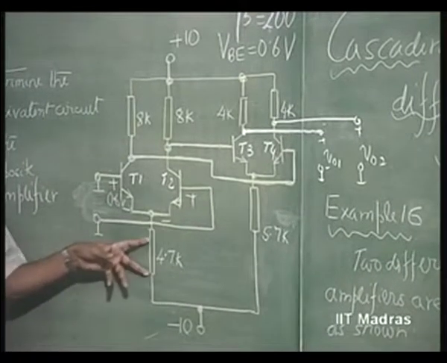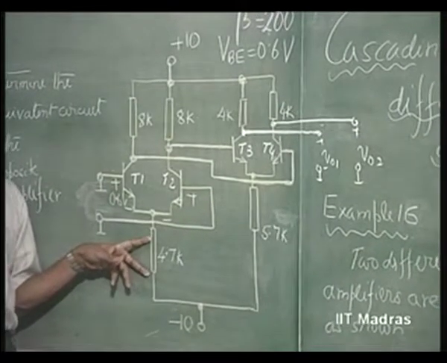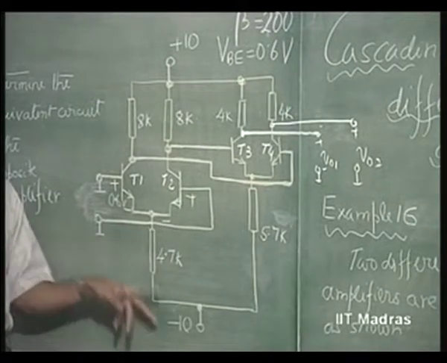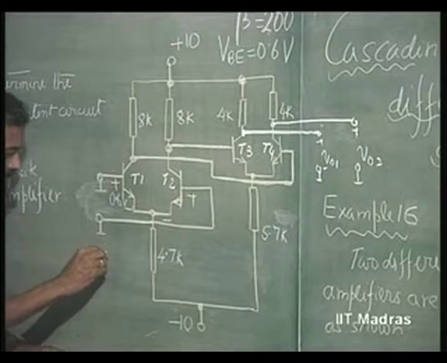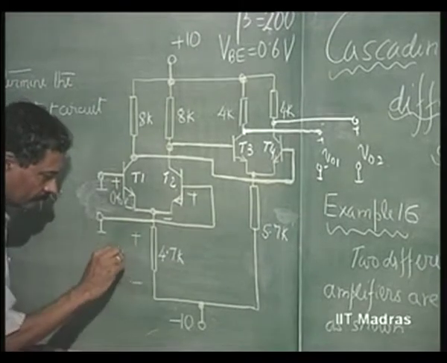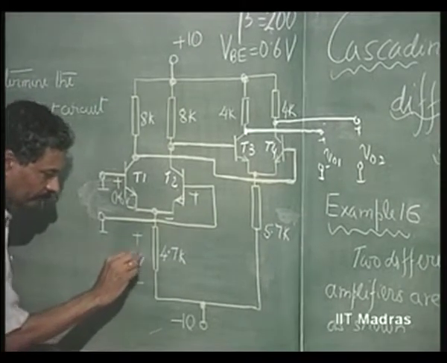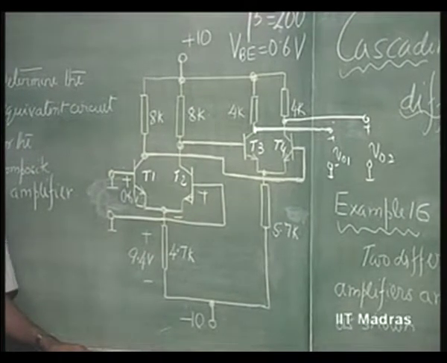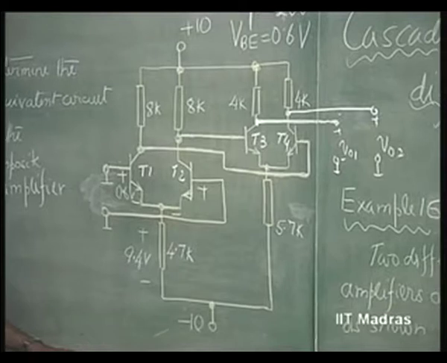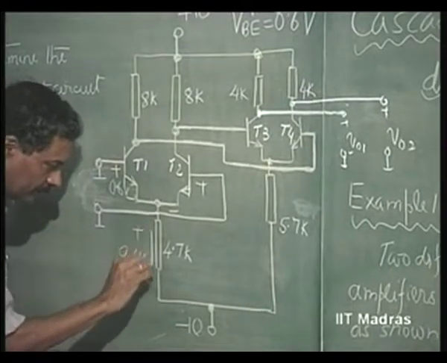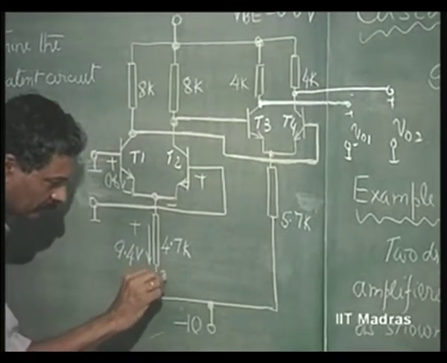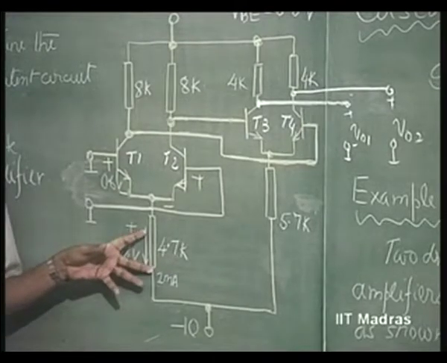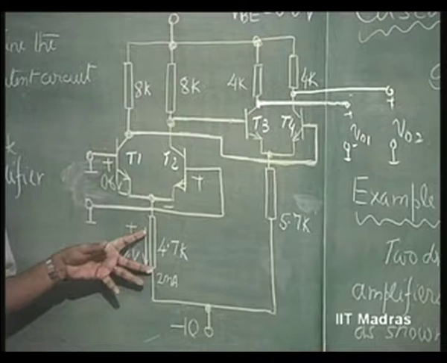So, the voltage across 4.7 K is 9.4 volts. So, the current in this is 2 milliamperes. This is fixed at 2 milliamperes.